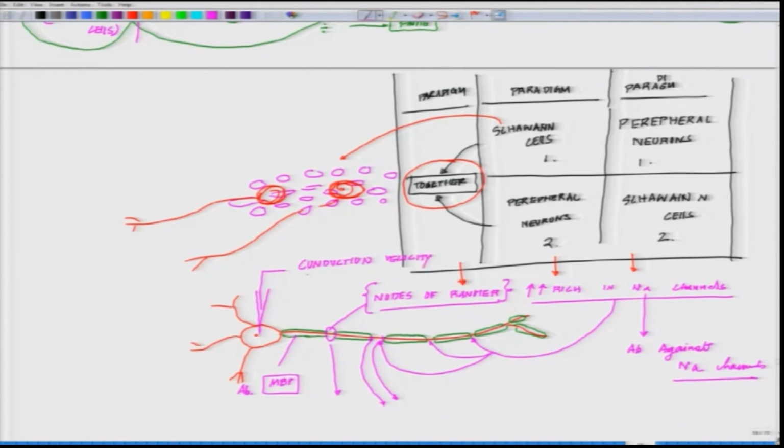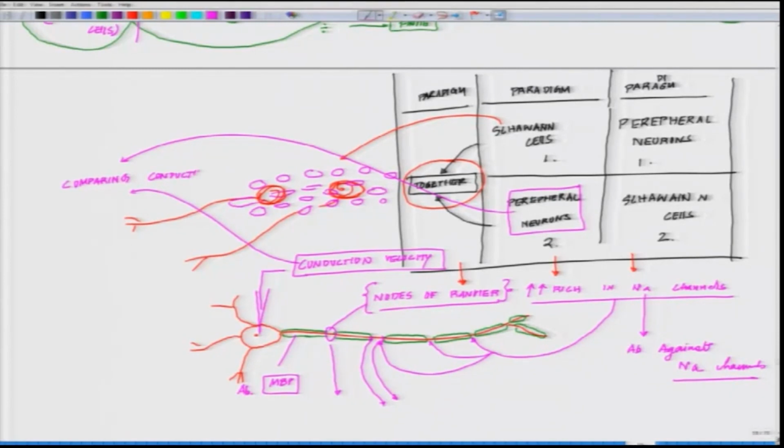You have to compare the conduction velocity of these neurons with a neuron without myelination, comparing conduction velocity between non-myelinating versus myelinating neurons.